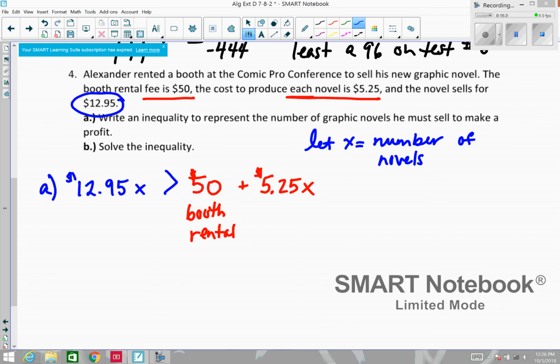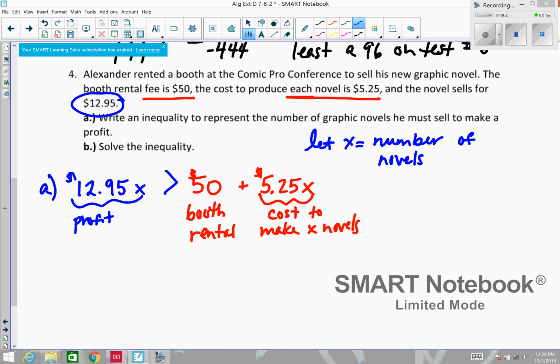And let me just label that. This is the cost to make X novels. And over here, this $12.95X is the money he takes in.